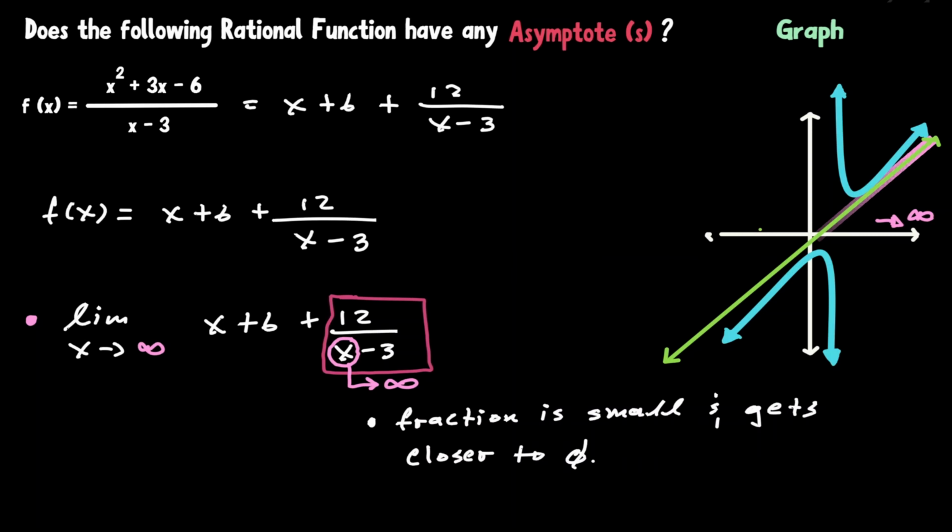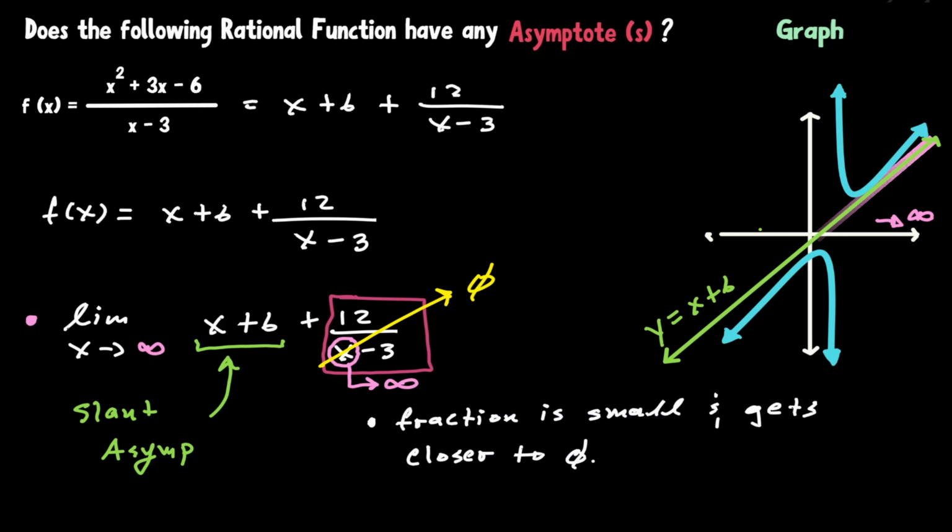So I am going to treat it as if it were 0. And the expression that is left, x plus 6, is going to be the function of this slant asymptote. So now we have identified the function that we were looking for.